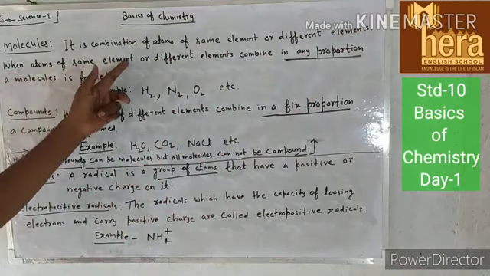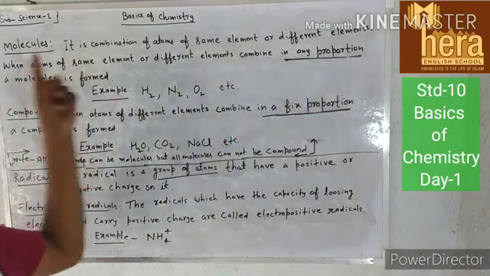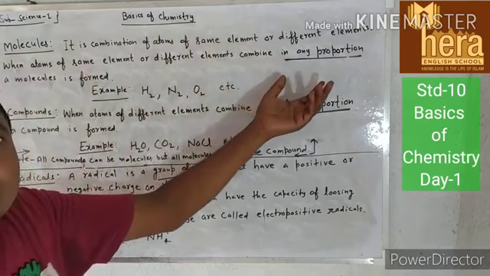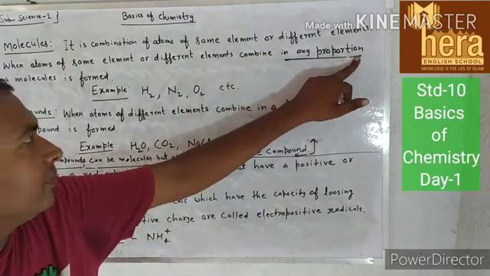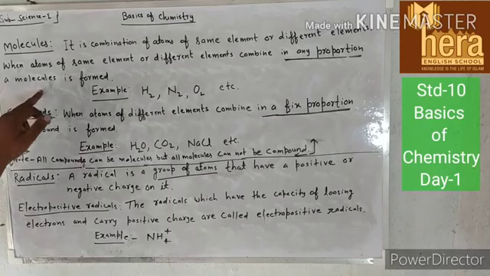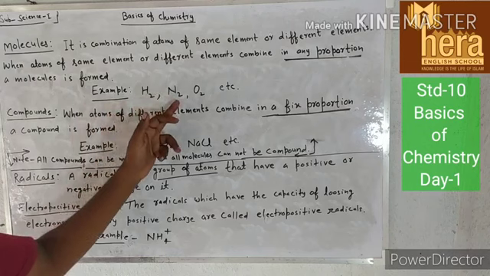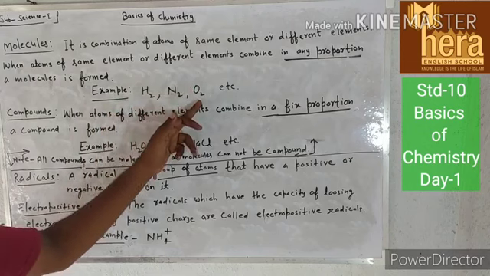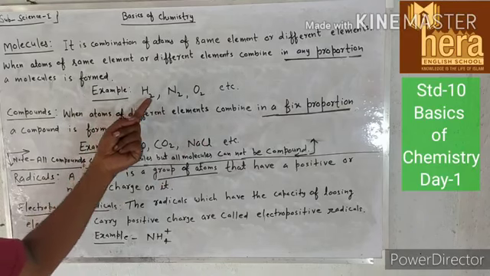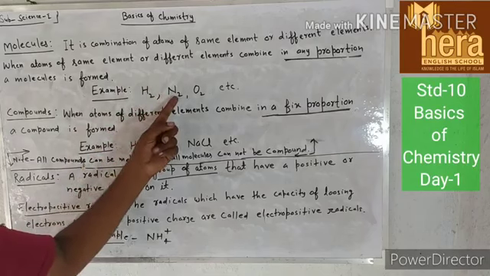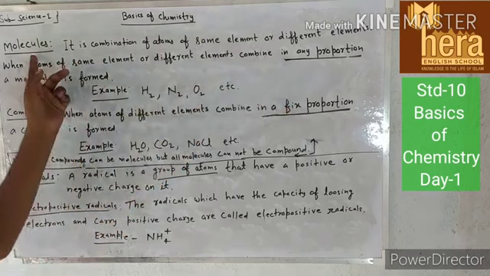When atoms of the same elements or different elements combine in any proportion, a molecule is formed. For example, hydrogen H2, nitrogen N2, oxygen O2. Here there are two atoms of hydrogen, two atoms of nitrogen, two atoms of oxygen, and they combine in any proportion, then a molecule is formed.